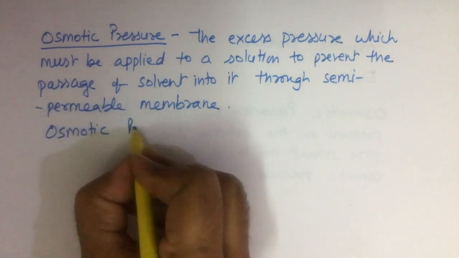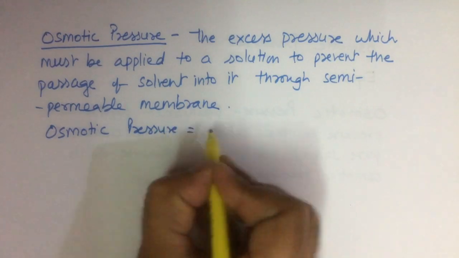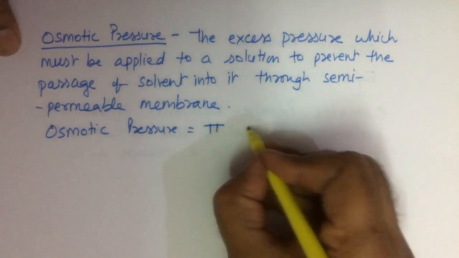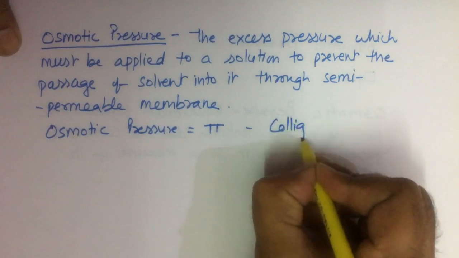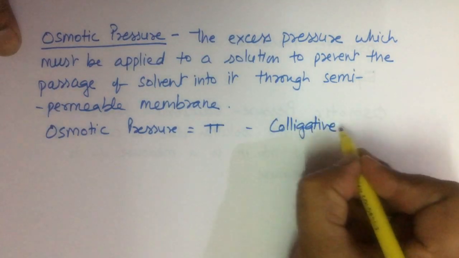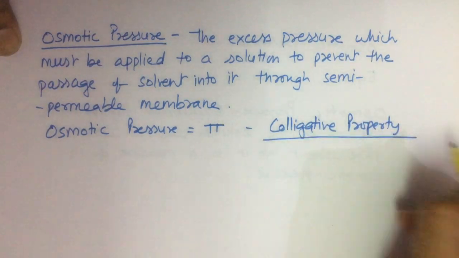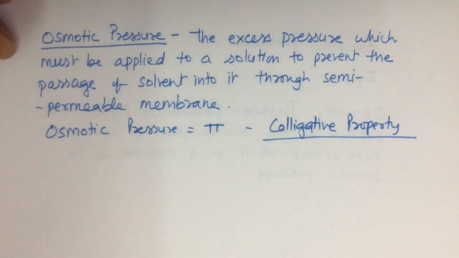Osmotic pressure is always denoted by pi. Now it is a colligative property. Colligative property means those properties which depend upon the concentration of solute.